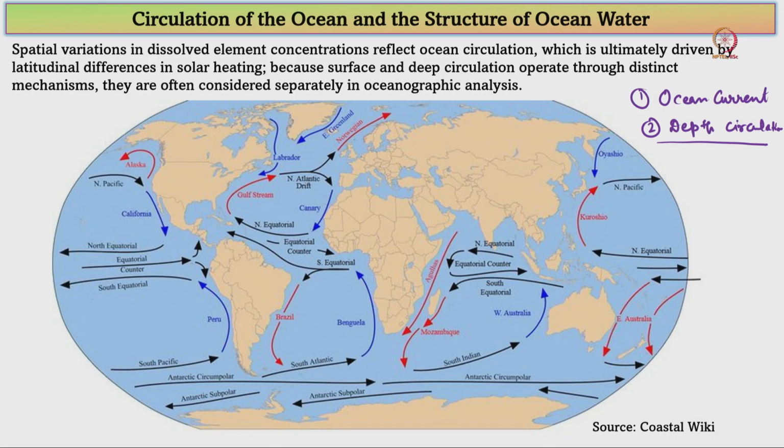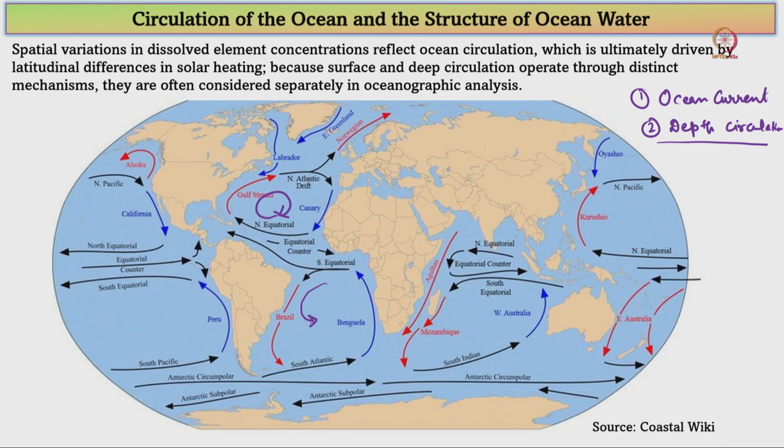So, this is the way the currents are formed in the ocean, that is due to the Ekman spiral and due to atmospheric circulation. As you can see, in the northern hemisphere, the oceanic currents move in a clockwise direction, and in the southern hemisphere it is the anti-clockwise motion.